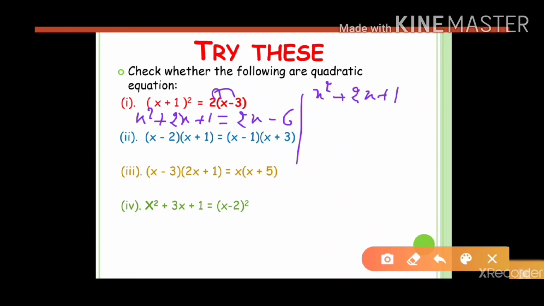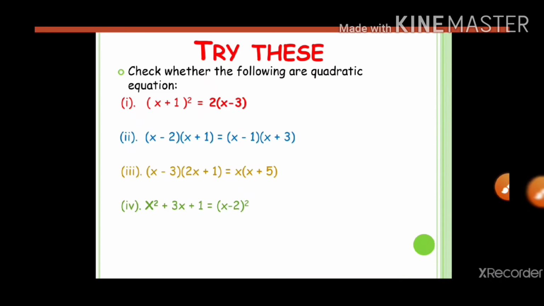When we transfer 2x to the LHS, it becomes minus 2x, and minus 6 becomes plus 6, equal to 0. Minus 2x cancels plus 2x, and we get x squared plus 1 plus 6, which is 7, or x squared plus 7 equal to 0.